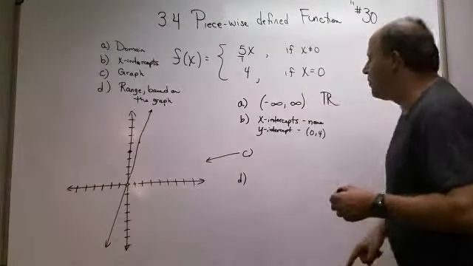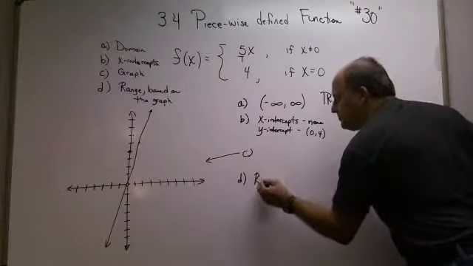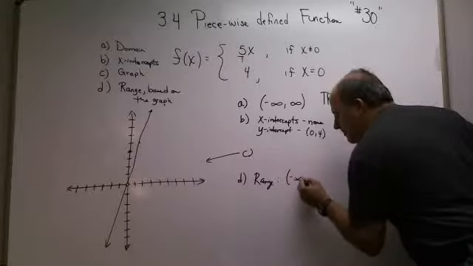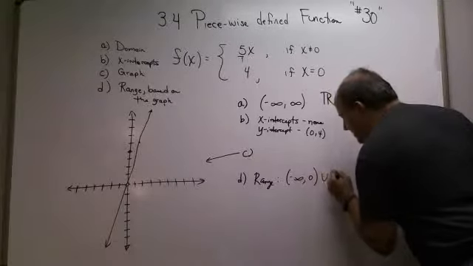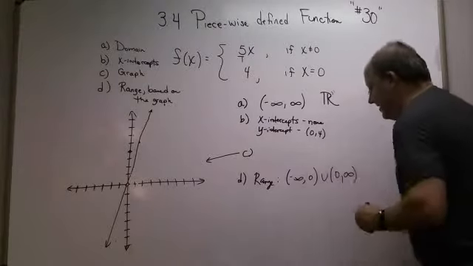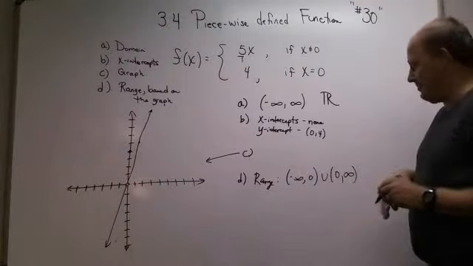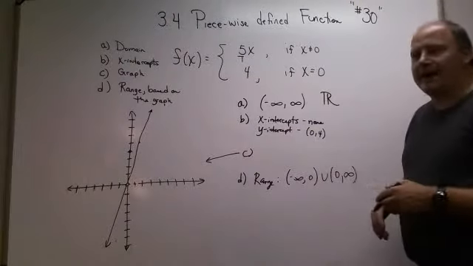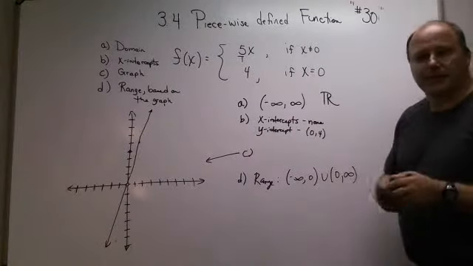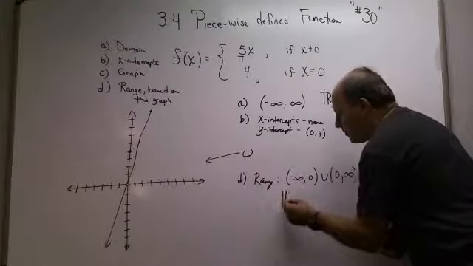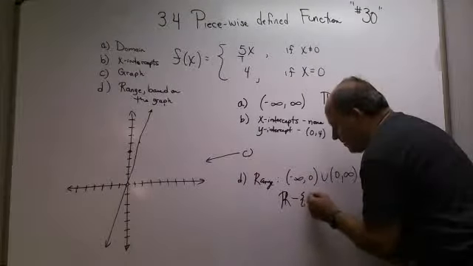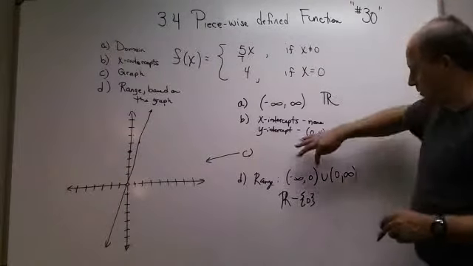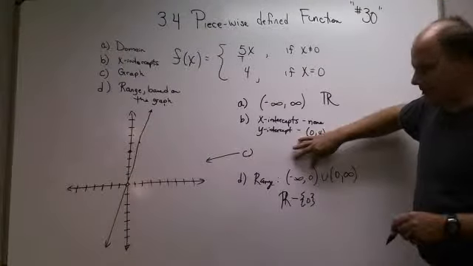So the range is negative infinity up to 0, union 0 to infinity. That's interval notation. I'm not a big fan of that, to tell you the truth, when it comes to problems like this. If I'm looking for the range, I'd say it's all real numbers except for one number, and that is all real numbers except for 0. For you guys who are using MyMathLab, they'll probably want the answer like this.